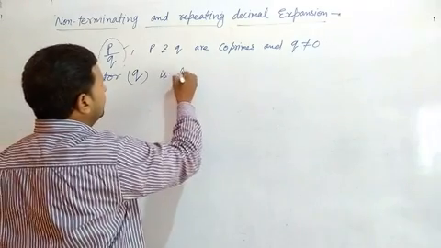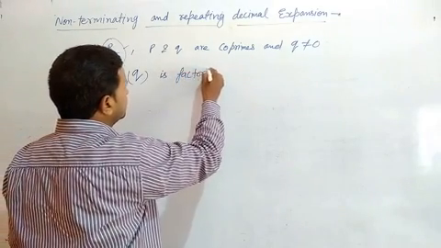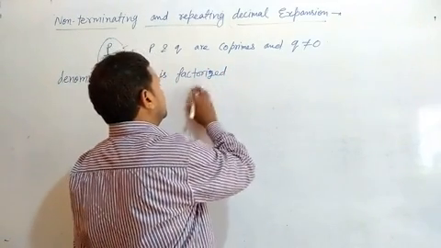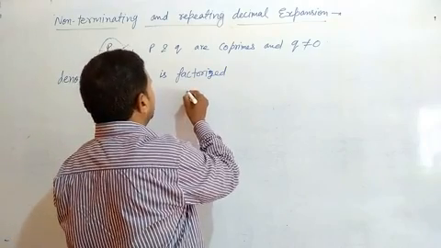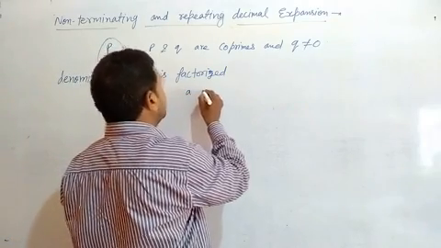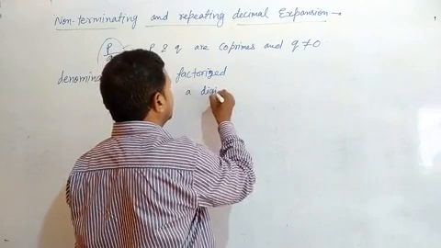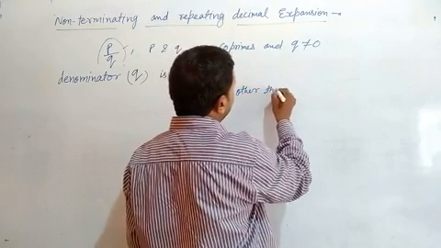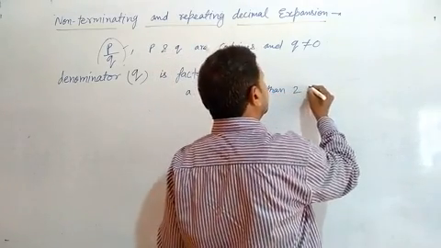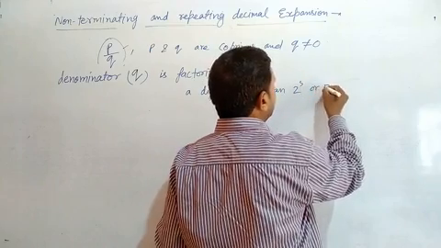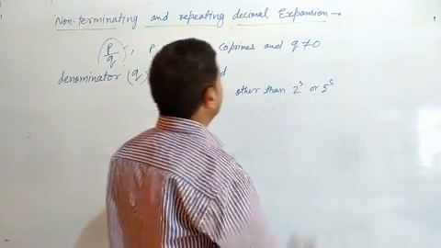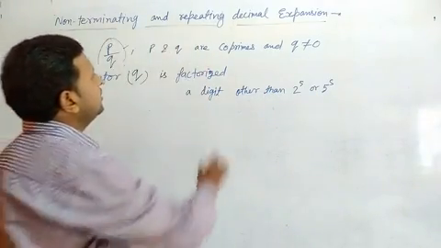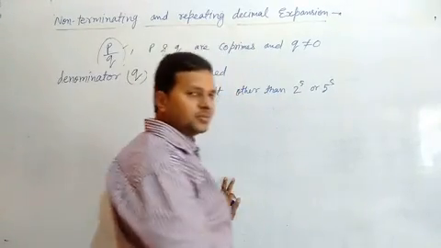Okay? If after factorizing we find a digit other than 2's or 5's, then we can say that this is non-terminating and repeating decimal expansion.